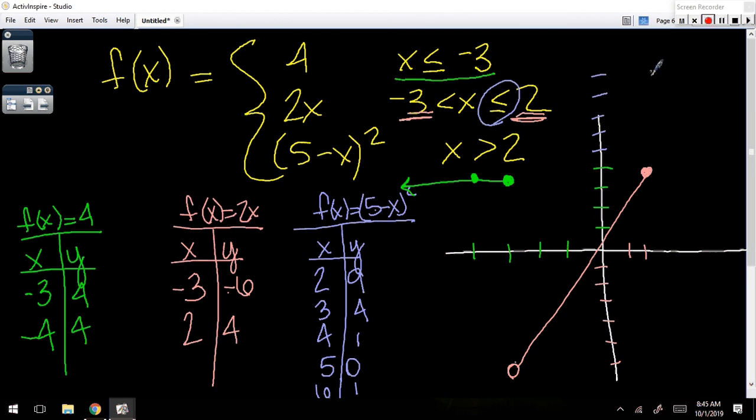Open or closed? Three, 4, 4, 1, 5, 0, 6, 1. You can see the pattern here. It's a terrible parabola. Terrible.